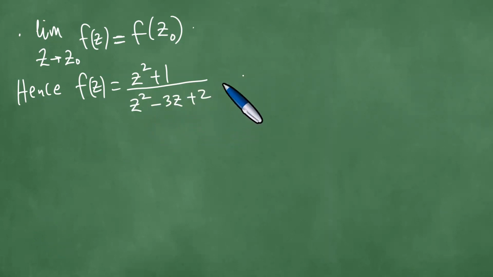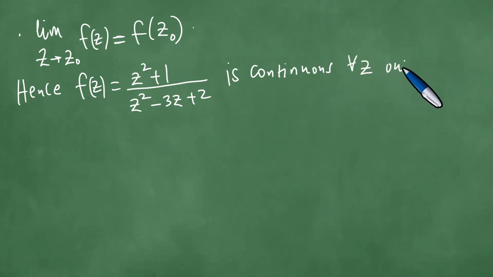Hence, this is continuous for all z outside the modulus of z equals 2.